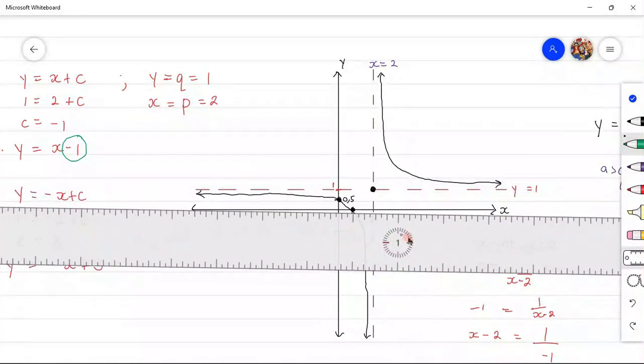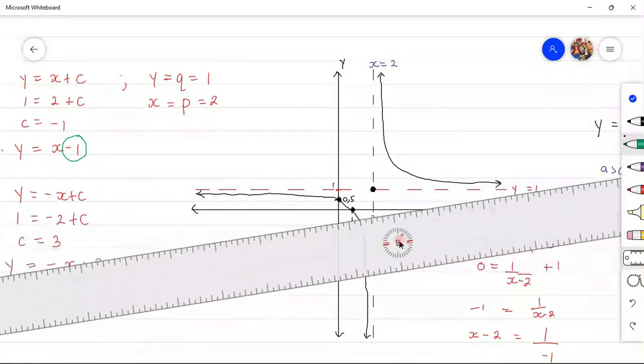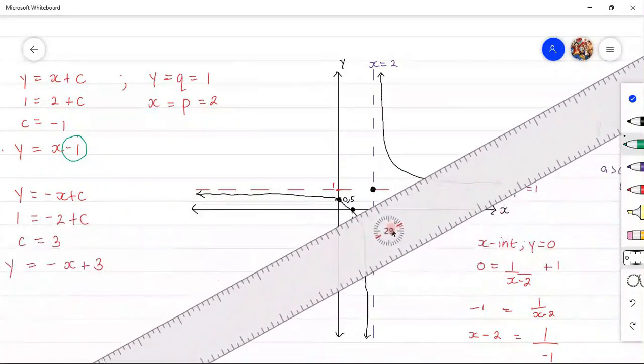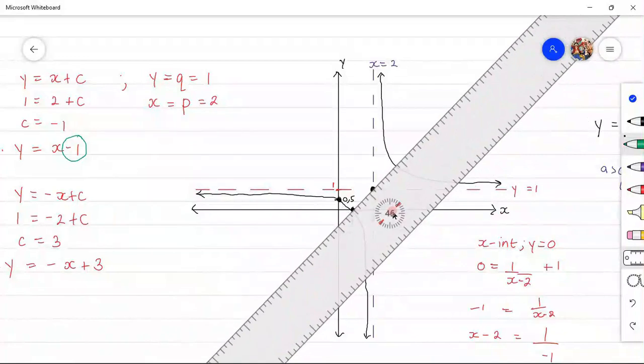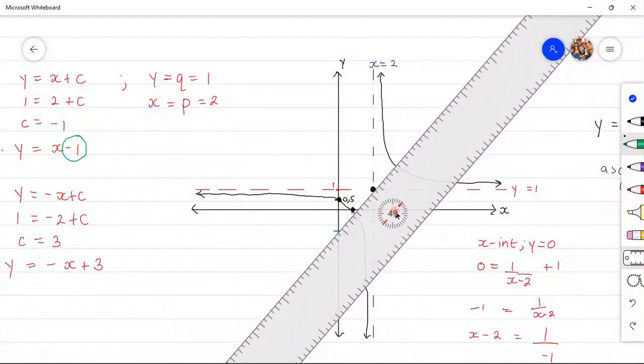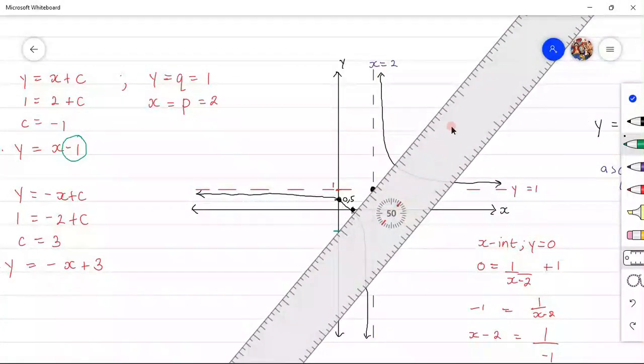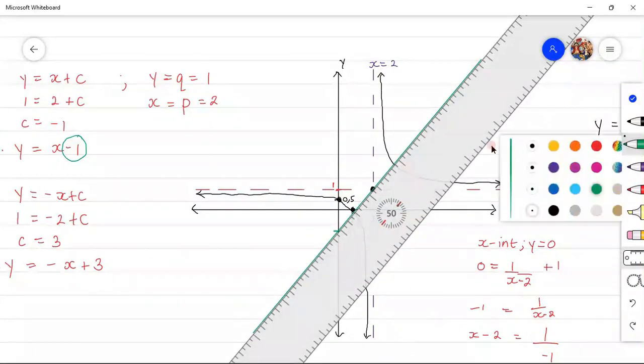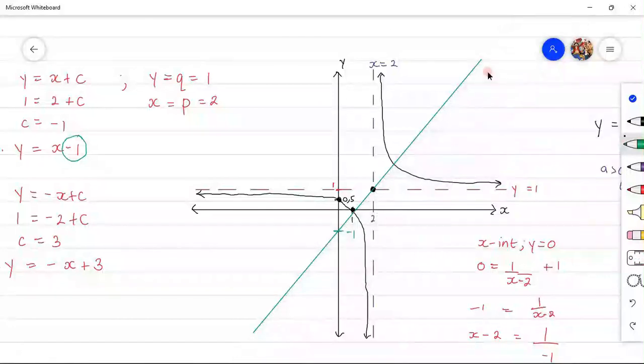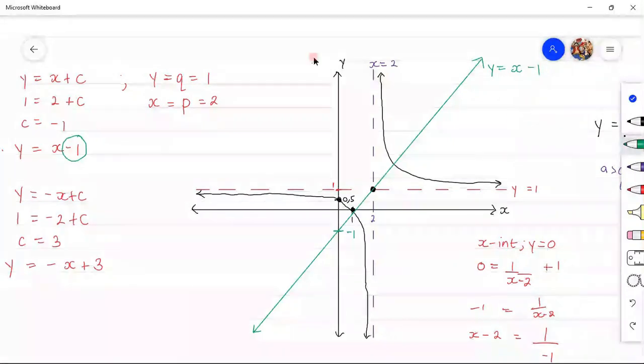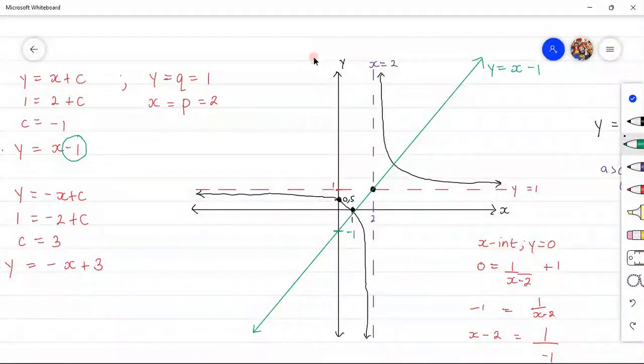So we've got 2 points. All we need to do is connect both the points. So that is our positive axis of symmetry. That has an equation, y equals x minus 1.